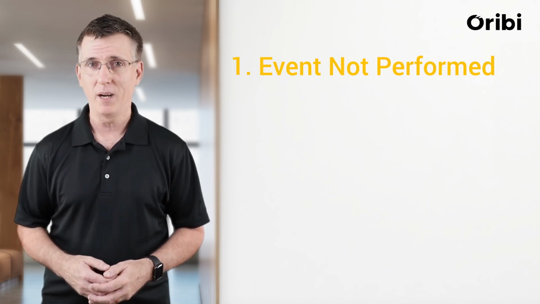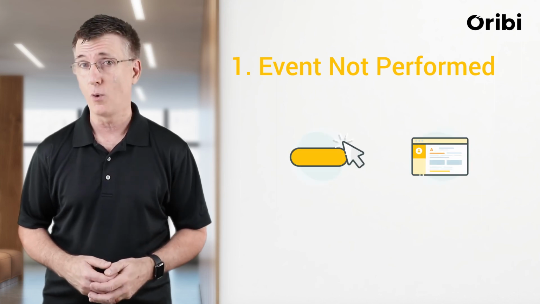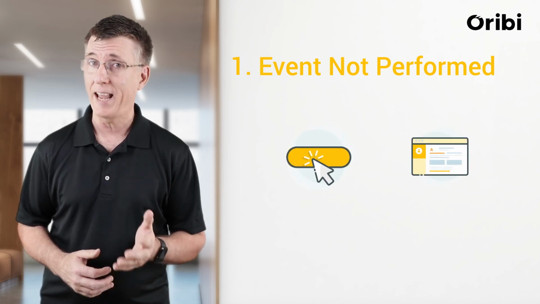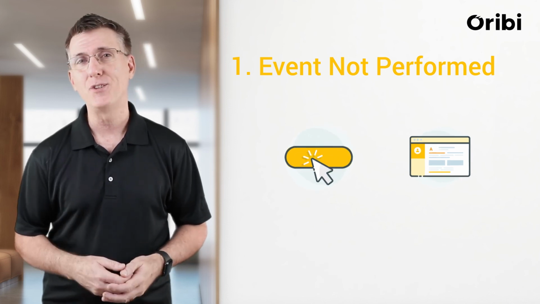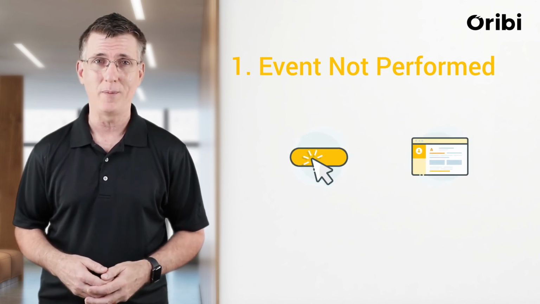Finally, you may wonder what to do if you can't find one of your website events in Oribi. Well, this could be due to a few reasons, so there are 3 steps you can take. First, Oribi identifies buttons and pages when they are clicked or visited for the first time after adding Oribi to your site. Try clicking the button or visiting the page yourself, and then refresh Oribi.